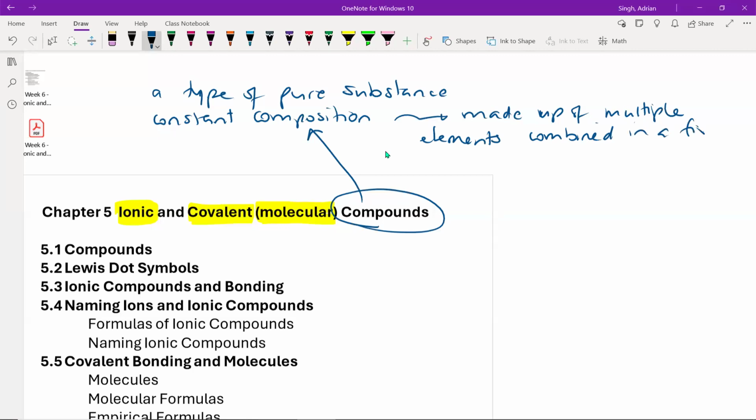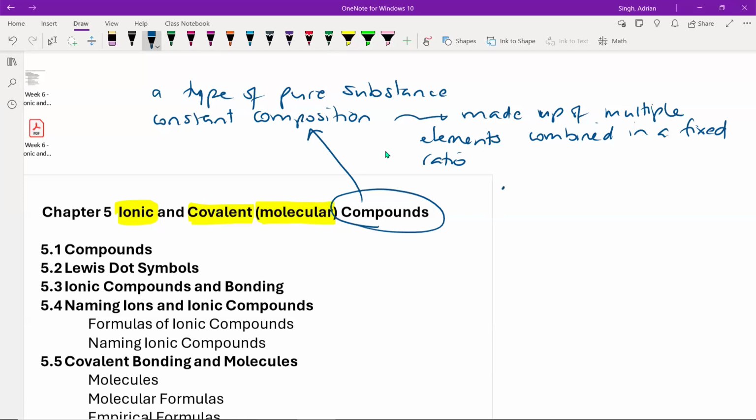What we tend to encounter in our everyday life is that we don't actually encounter individual elements. We're exposed to and we use compounds rather than elements.